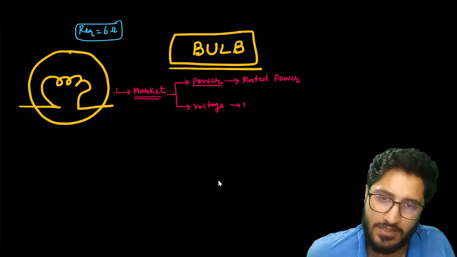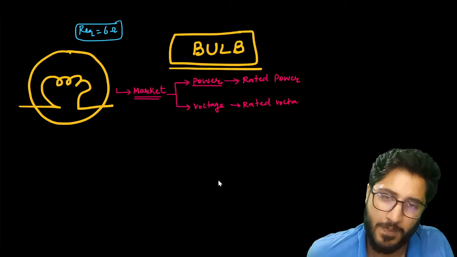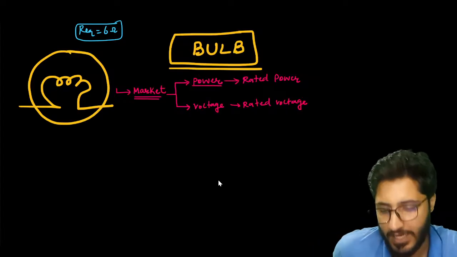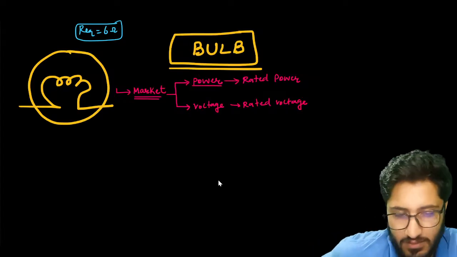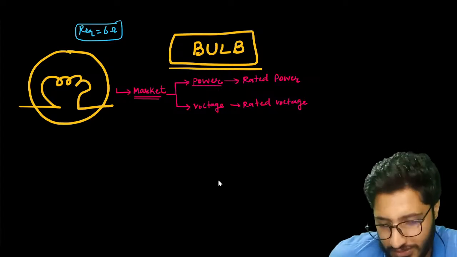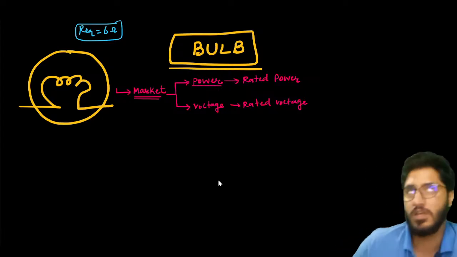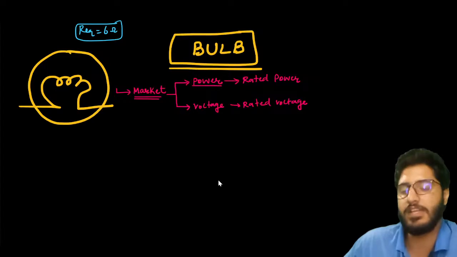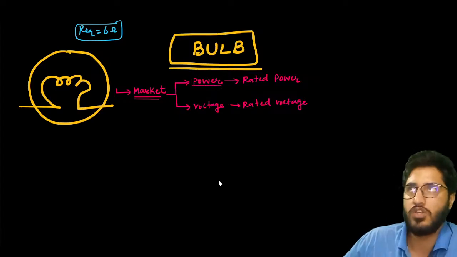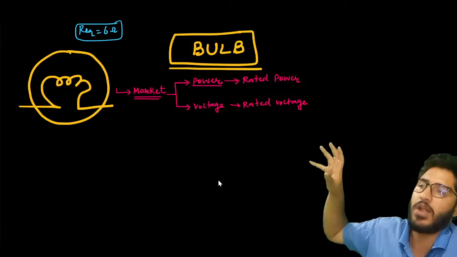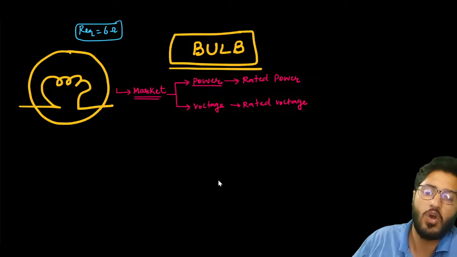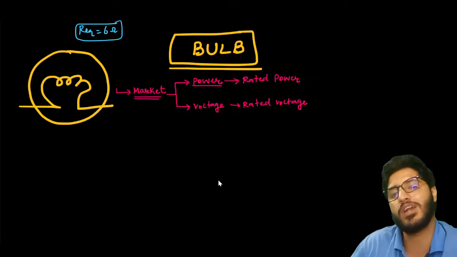The second one is rated voltage. Rated power and rated voltage. Whenever buying any bulb from a market, you can see it is 100 watt or 50 watt or 60 watt, and 220 volts.